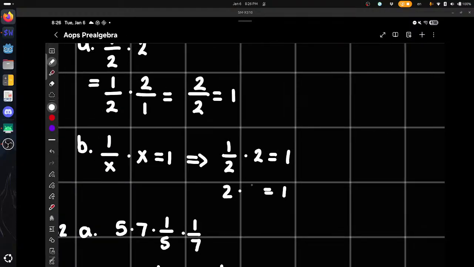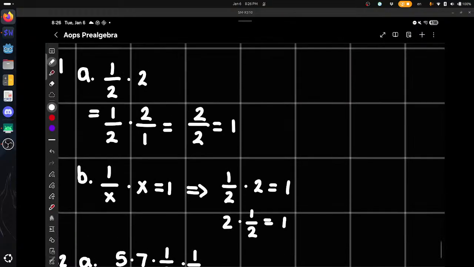Well, the reciprocal of 1/2 gives us that result. So the reciprocal of 1/2 is 2. So the reciprocal of 1/2 is this, and that still gives us 2, right? Yeah, it gives us 2.